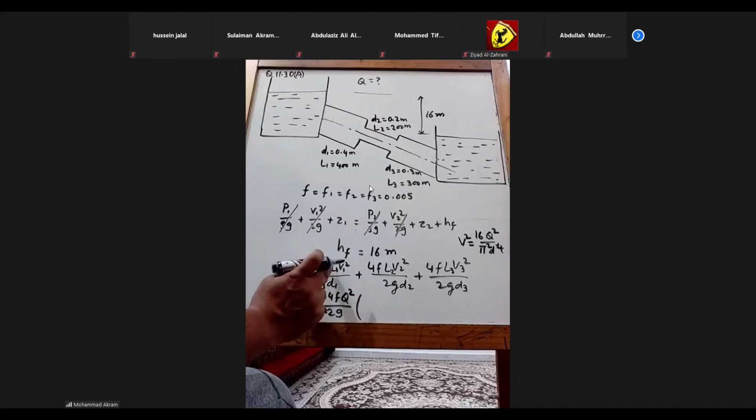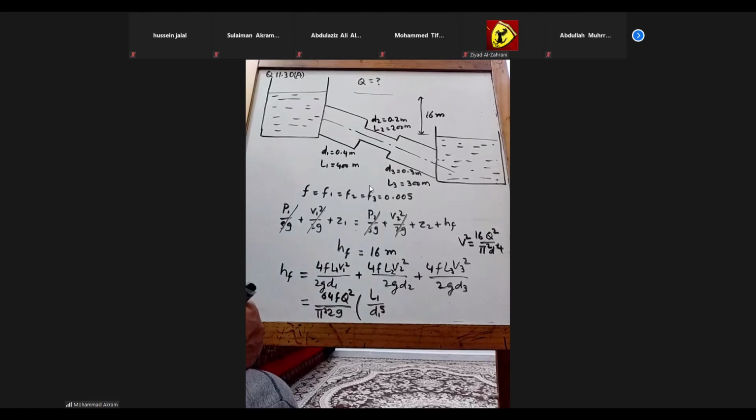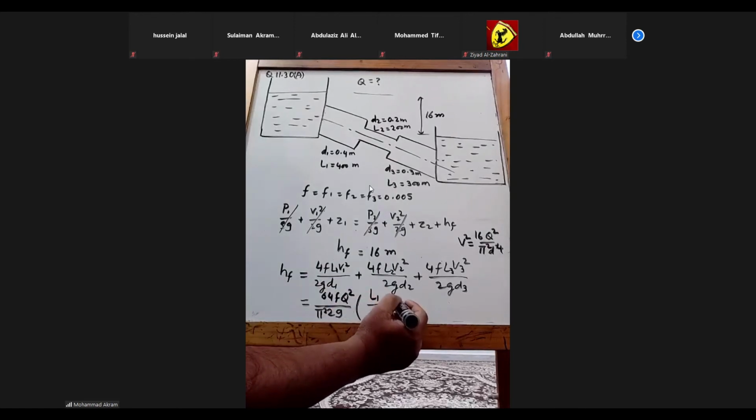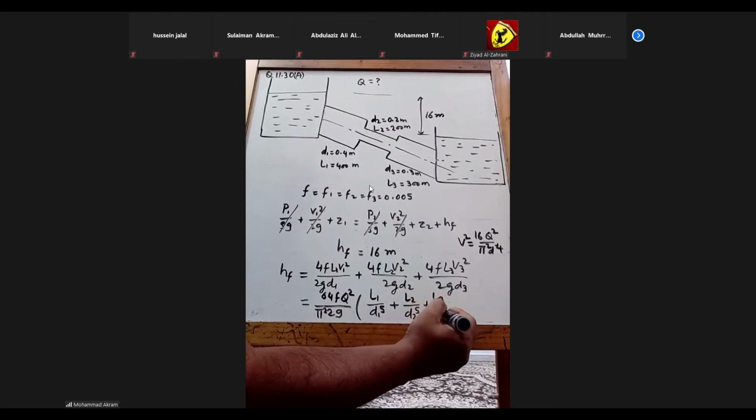What will remain is L1 divided by D1 to the 5, plus L2 divided by D2 to the 5, plus L3 divided by D3 to the 5.